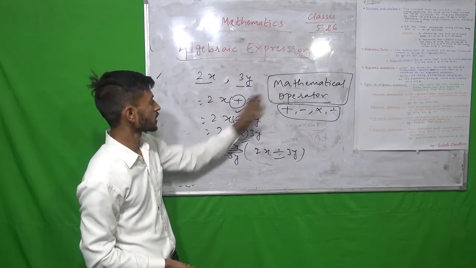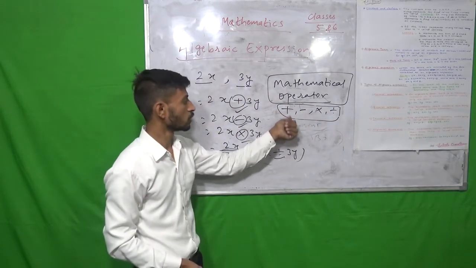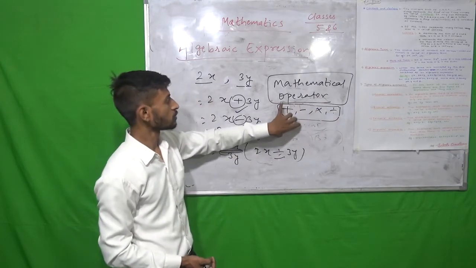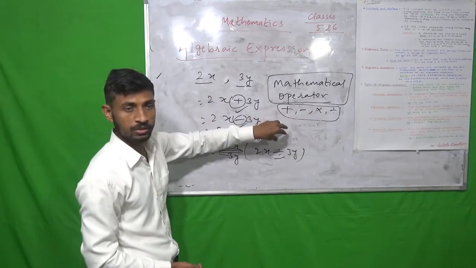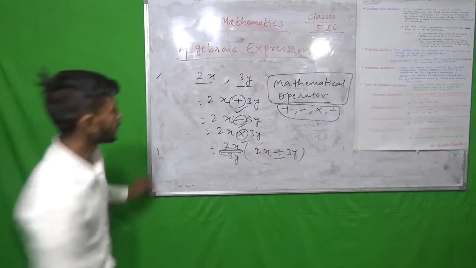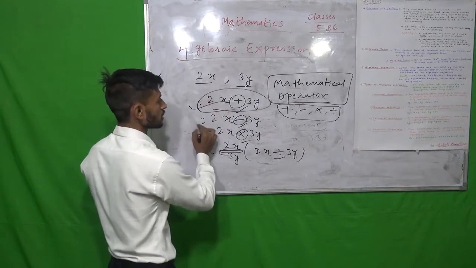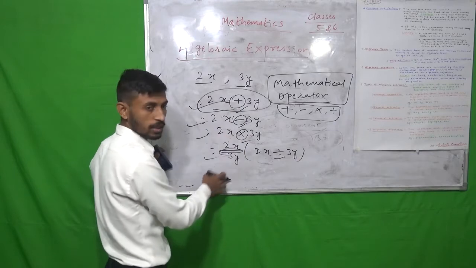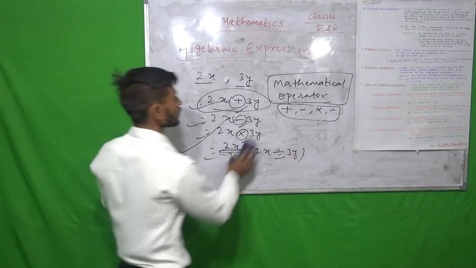When the terms are connected by these signs, either any one or maybe all of them, then that is called an expression. So here these all are expressions. Terms are connected by plus or minus or multiply, divide sign. So these are expressions.